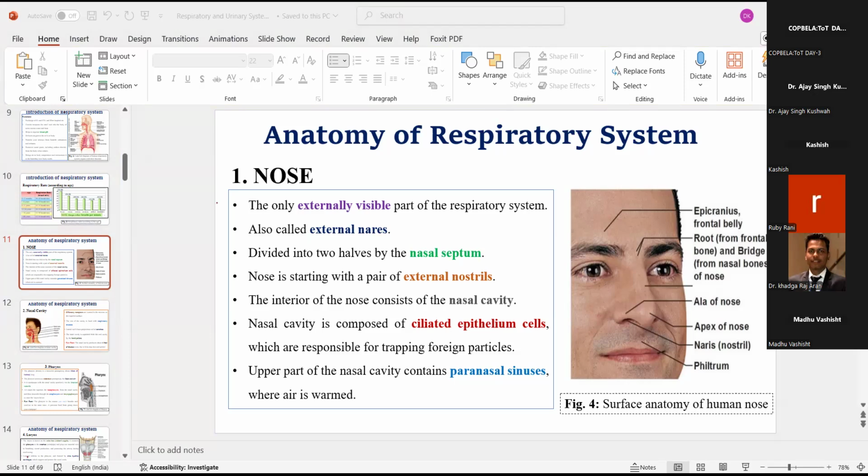Sir, is the slide visible? Yes, sir. Thank you, sir, for confirmation.